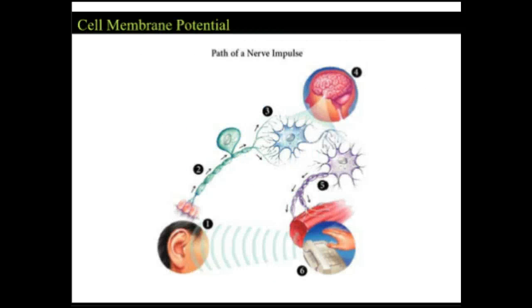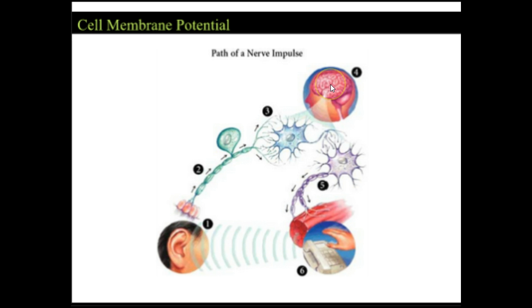Okay, and this is just displaying the pathway of the nerve impulse. I think we explained this just a little bit before. Say we were hearing something, the telephone. We would receive that stimulus in our ear, and we would have sensory neurons that would carry that impulse to the CNS, or the central nervous system, our brain, and we call those neurons afferent neurons.